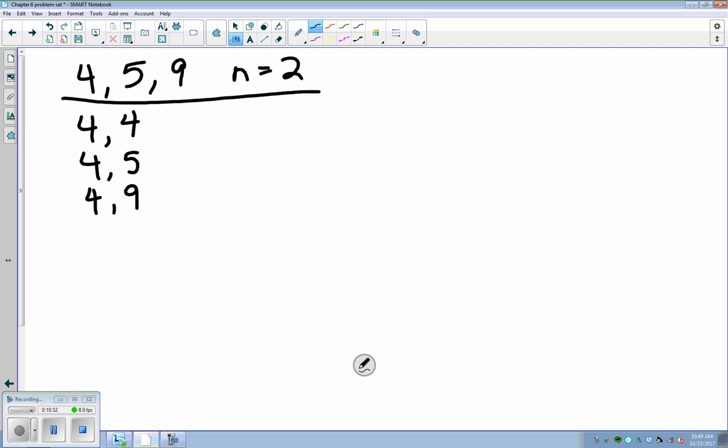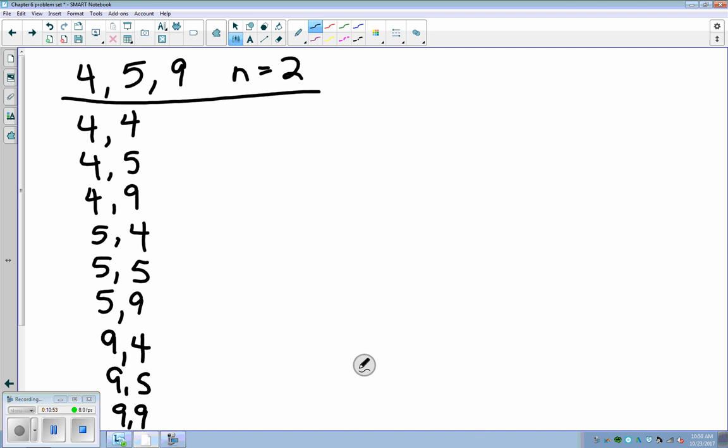Now I'm going to do everything when I start and I draw 5 first. So I could have a 5 and a 4, and a 5 and a 5, and a 5 and a 9, correct? Then I'm going to go through selecting 9 first. So then I have a 9 and a 4, and a 9 and a 5, and a 9 and a 9. Those are my possible ways to get a sample of 2 from those households with 4, 5, and 9 people.